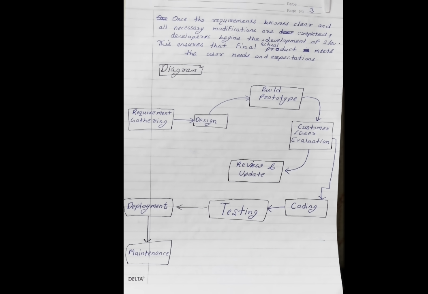And by allowing the users to interact with the working model before the final system is developed, this helps in ensuring that the final software will meet the needs of the users.